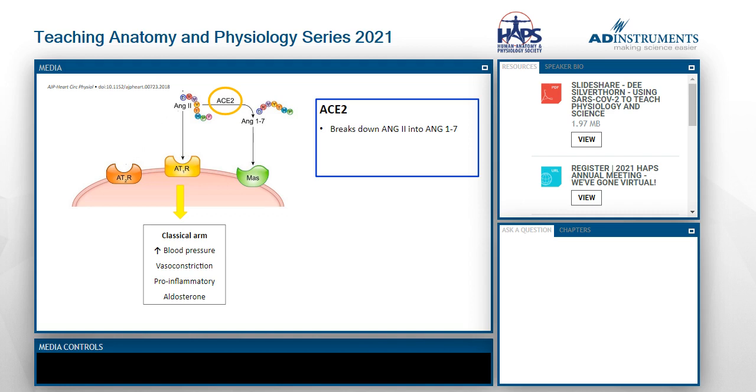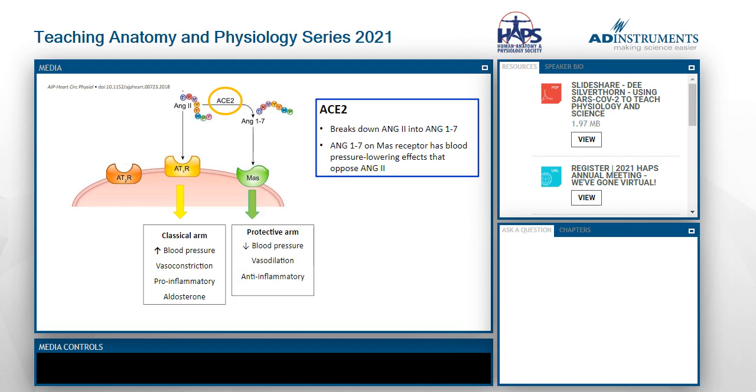So vasoconstriction, aldosterone release, and it happens to also be pro-inflammatory. But when you convert angiotensin 2 to either angiotensin 3 or angiotensin 1-7, we have triggered a counter-regulatory pathway. The receptor for angiotensin 1-7 is called the MAS receptor, and it has blood pressure lowering effects that actually oppose the effects of angiotensin 2.